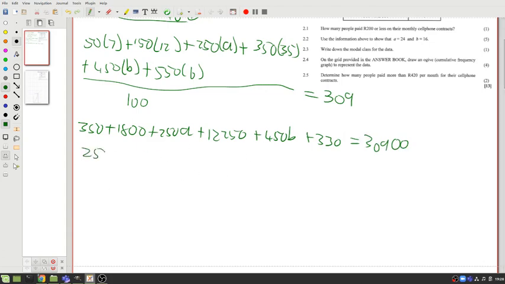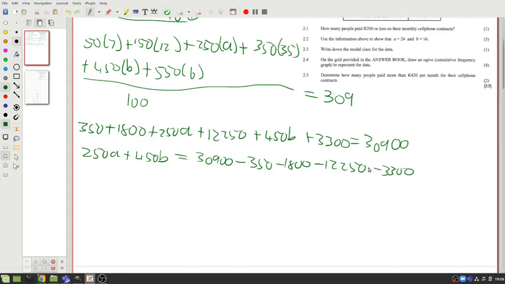So we get 250A plus 450B equals, and again we take everything else to the other side: 30,900 minus 350 minus 1,800 minus 12,250 minus 3,300. Sorry, that needs another 0.